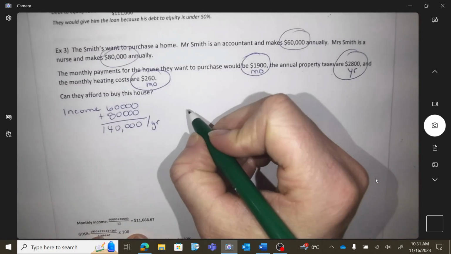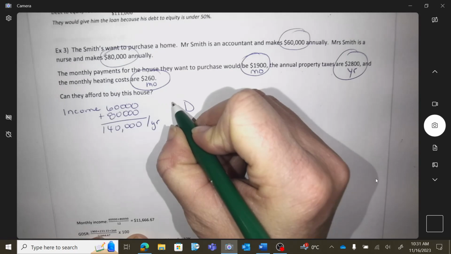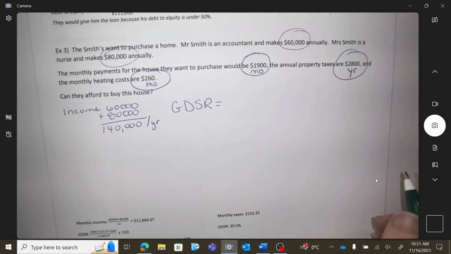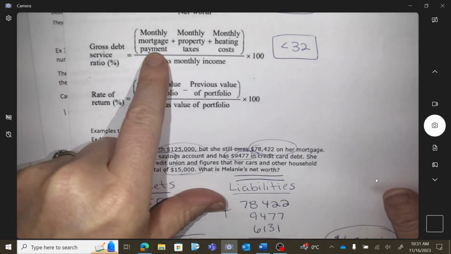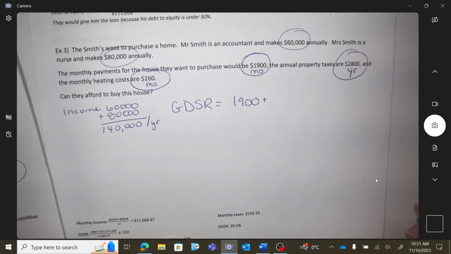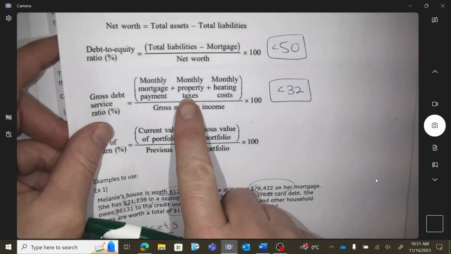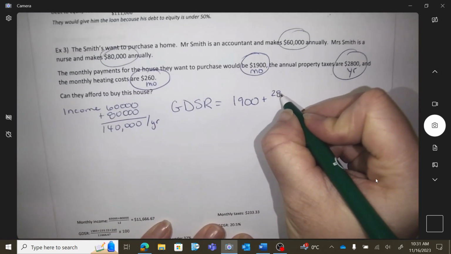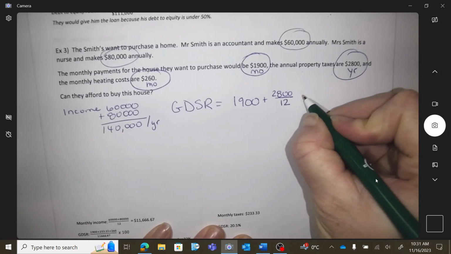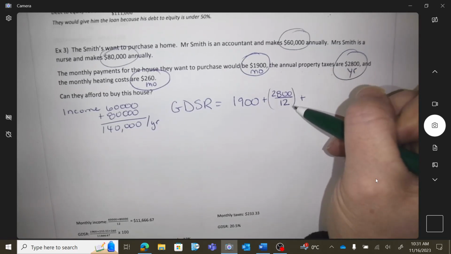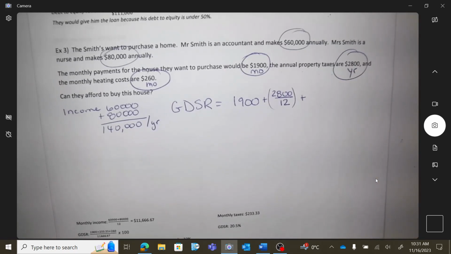Okay, so gross debt service ratio equals monthly mortgage payment, $1,900, plus monthly property taxes, so $2,800 divided by 12, right? Okay, that's why I wrote per year on that one, because I got to remember that.